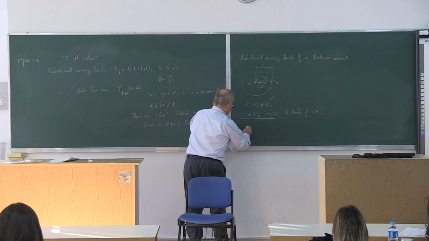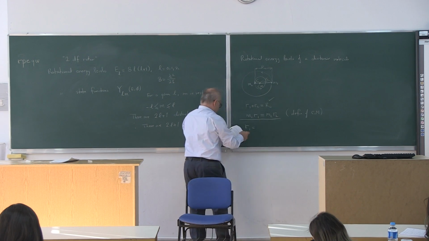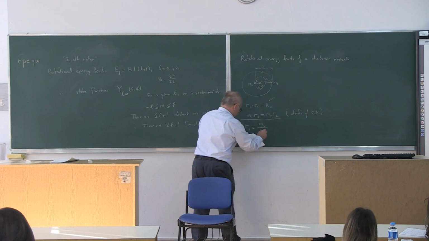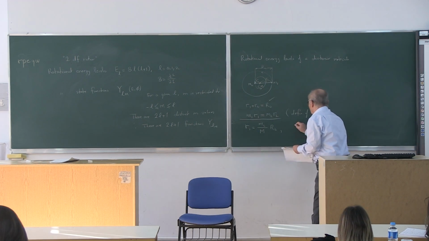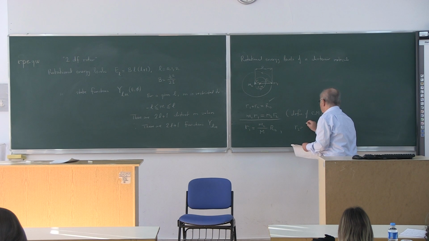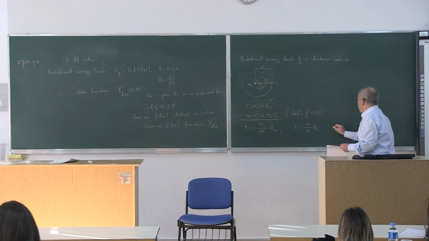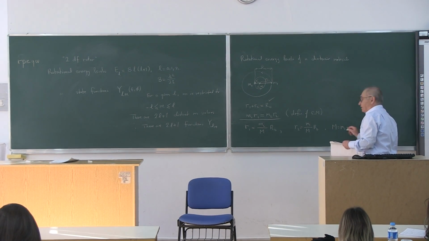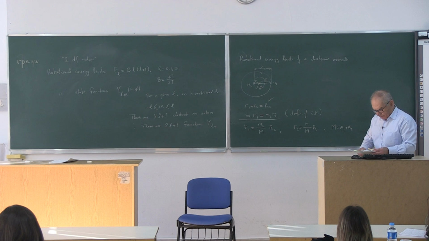We have R1 is mass 2 over total mass times R0, and R2 is mass 1 over total mass times R0. That capital M is mass 1 plus mass 2. It's the total mass of the diatomic molecule.